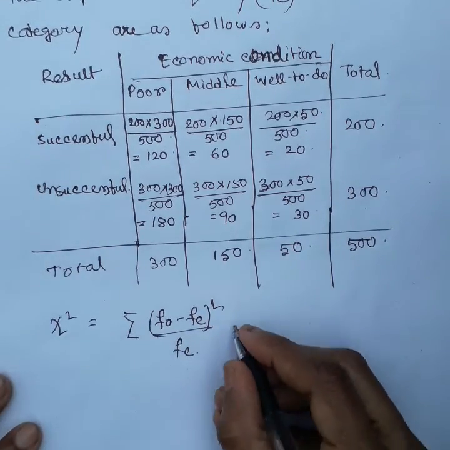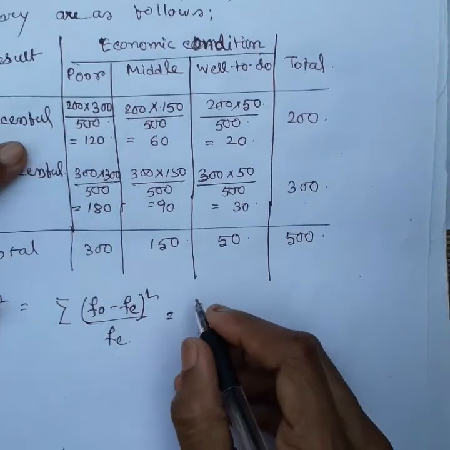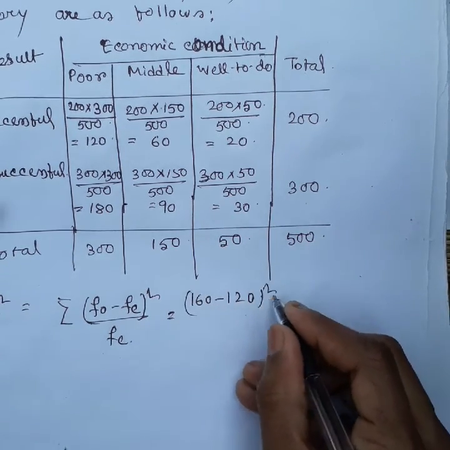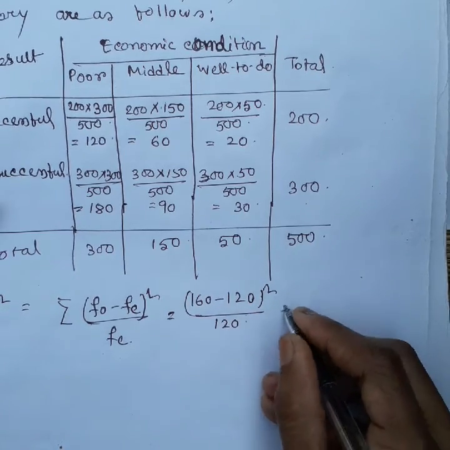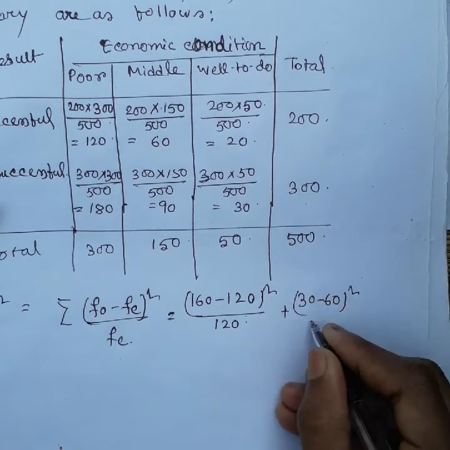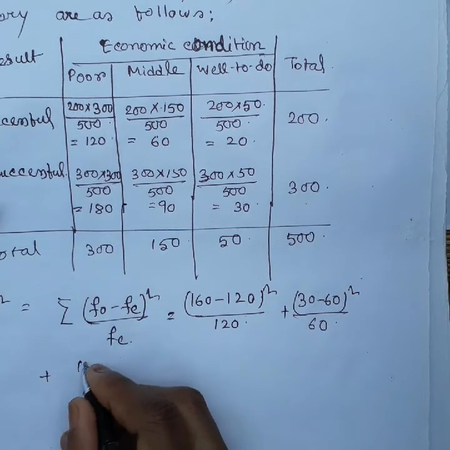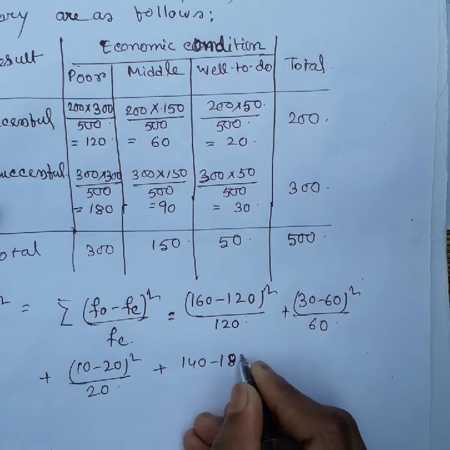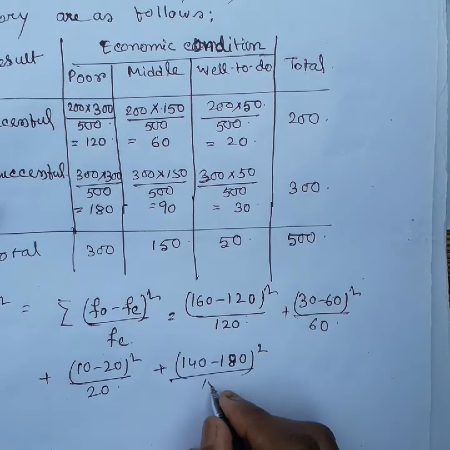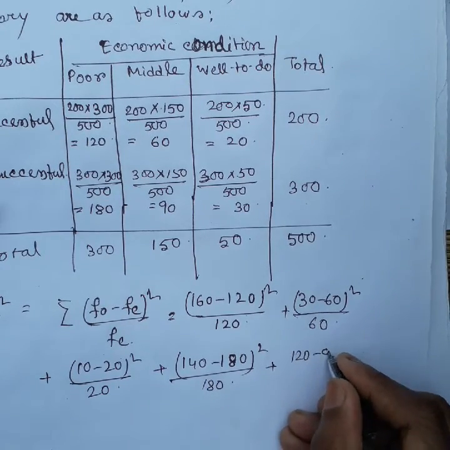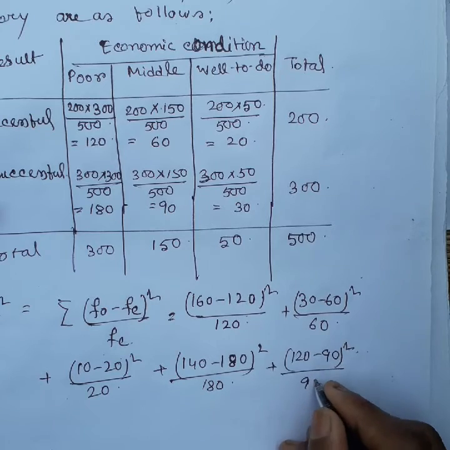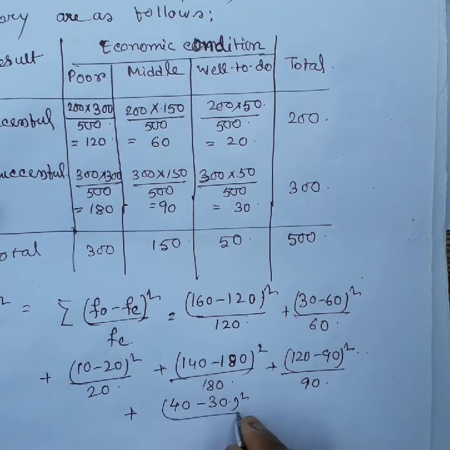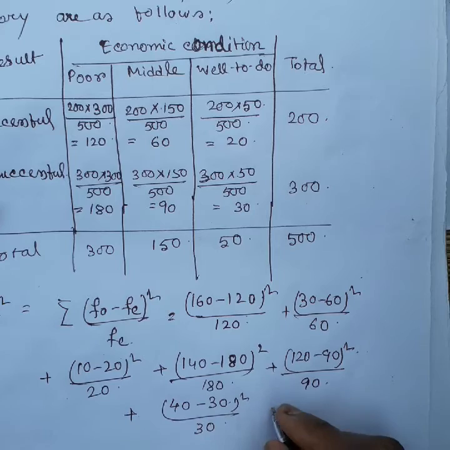That is equal to, for the first one, 160 minus 120 whole square by 120, plus 30 minus 60 whole square by 60, plus 10 minus 20 whole square by 20, plus 140 minus 180 whole square by 180, plus 120 minus 90 whole square by 90, plus 40 minus 30 whole square by 30.